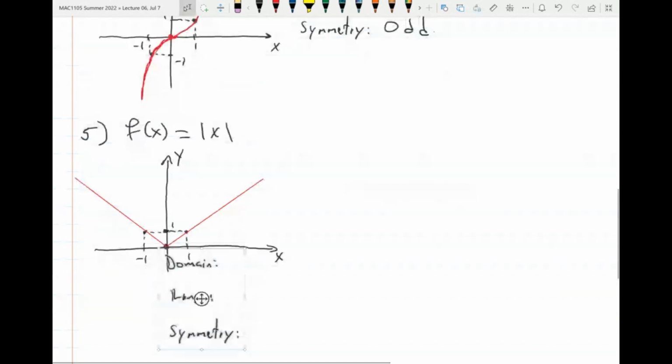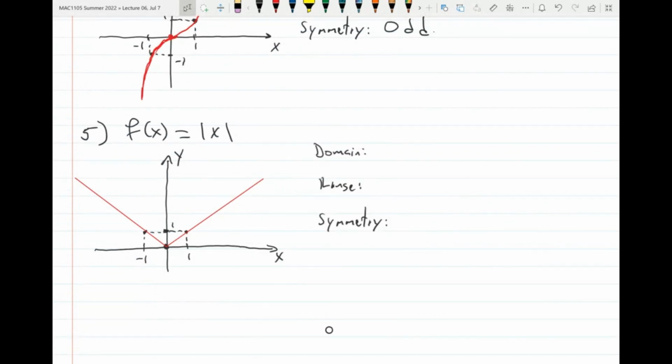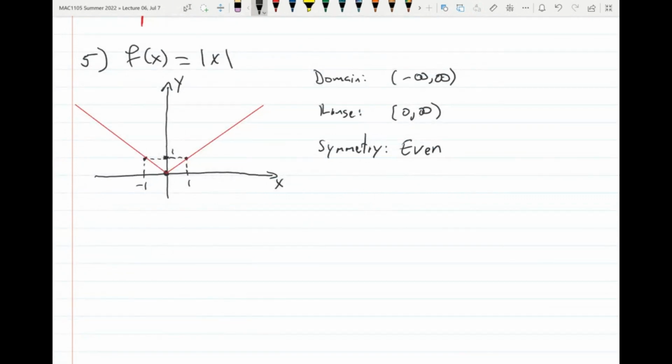So what's the domain for this? All real numbers. The range, 0 to infinity. Symmetry is an even function. Even means symmetry with respect to the y-axis. That's number 5. Then we have number 6, the square root function.